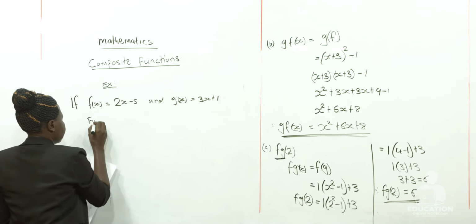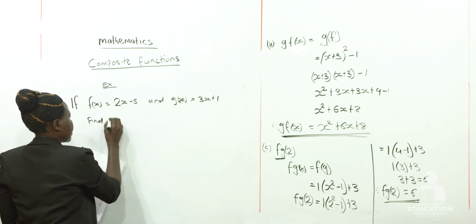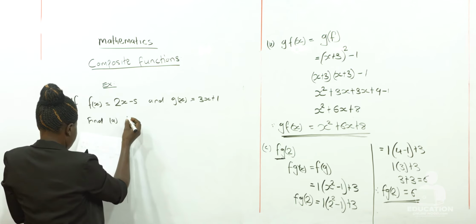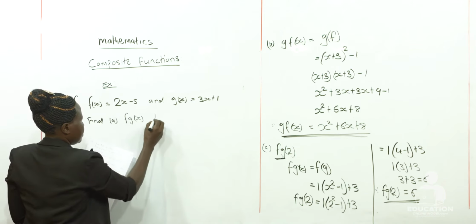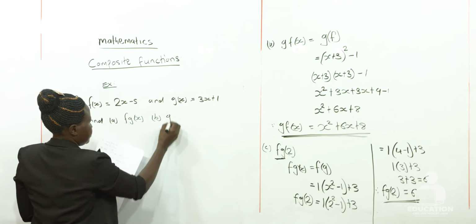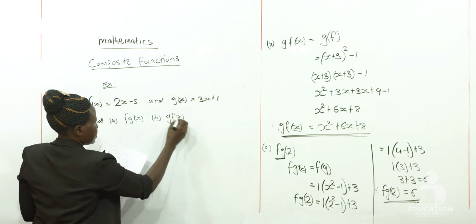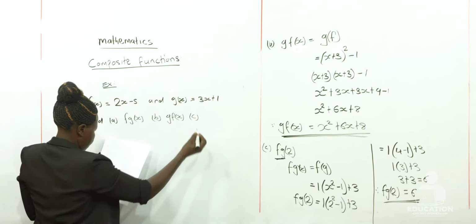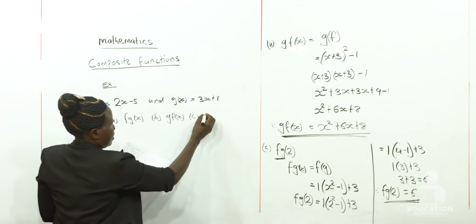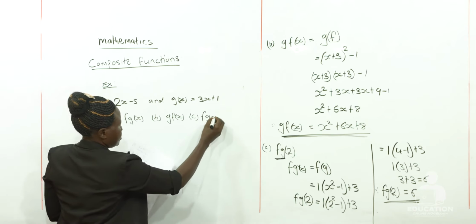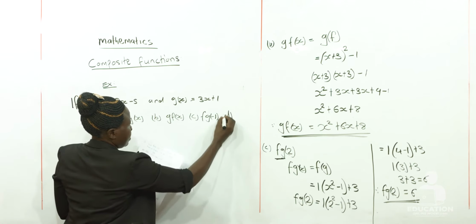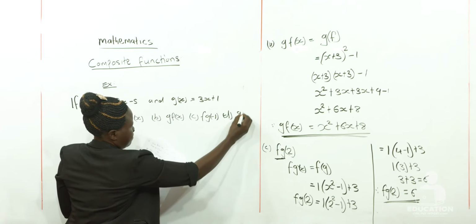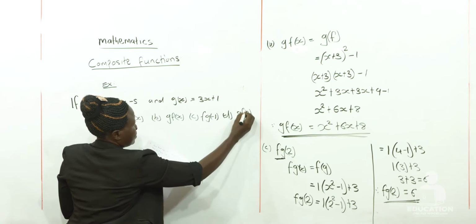Find a, fg of x, b, gf of x, and then c, we have fg of negative 1, and then d, we have gf of 0.